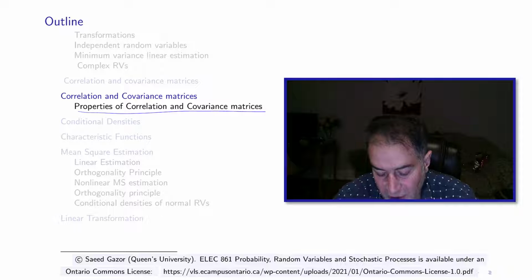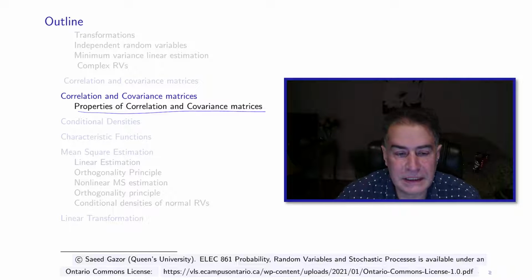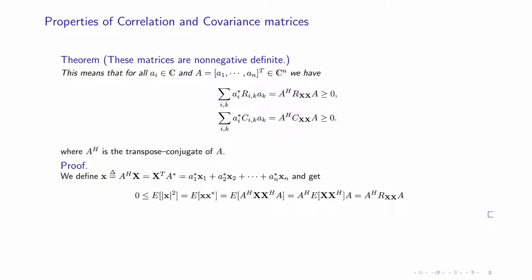These matrices are quite often used in learning processes, in estimation, detection, and so on. So the first property of these matrices is that they are non-negative definite.